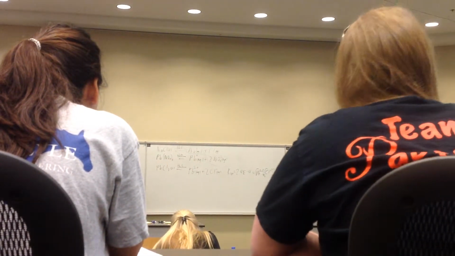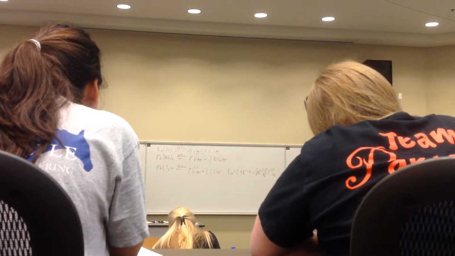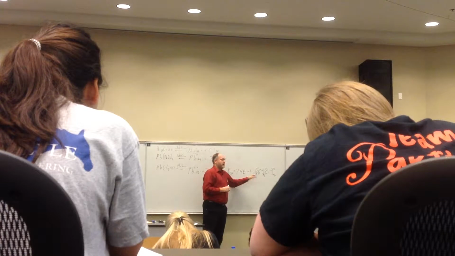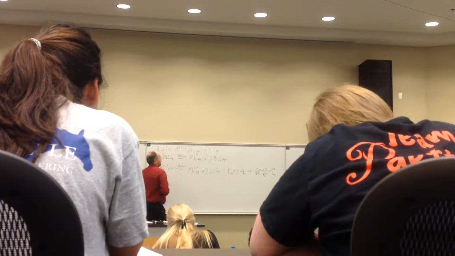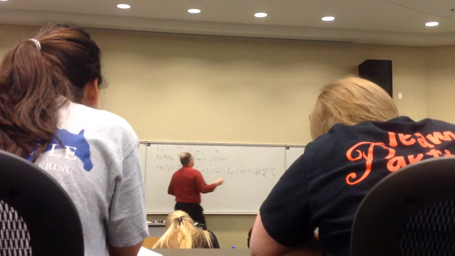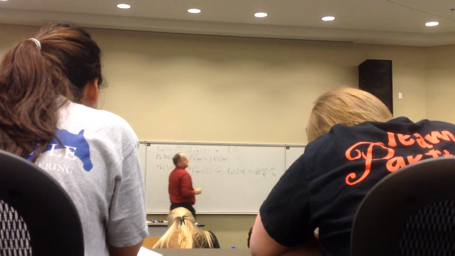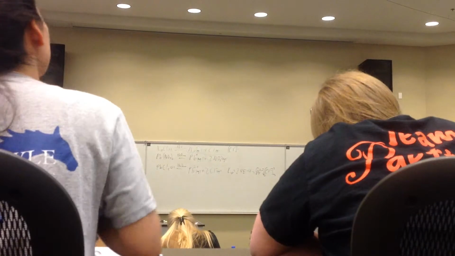In order to know if a precipitate's going to form here, I need to compute Q. Well, in order to compute Q, I need my concentrations. Concentration of chloride: I have 1 liter of solution.